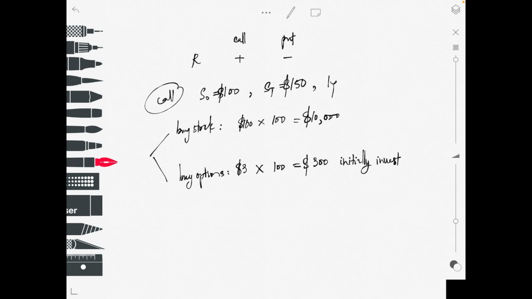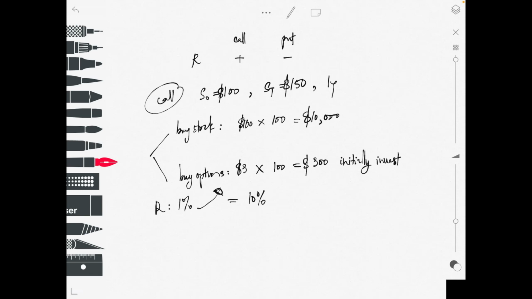Because if you invest and pay the money today, and the payoff comes in the next year, it doesn't matter if the interest rate is very low. For example, if the interest rate is only 1%, these two ways of investing are not too different. However, if the interest rate increases to 10% per year, things will be different. If you invest only $300 initially by buying the option, the cost of borrowing is very cheap.